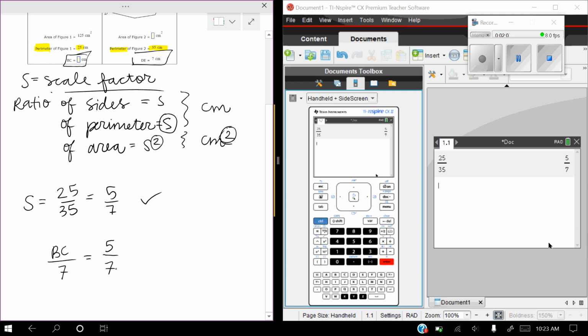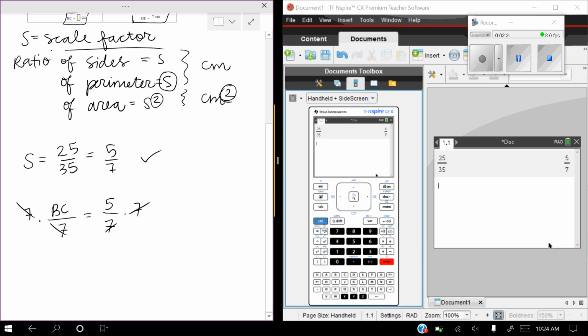When we solve this, a lot of people use the word cross multiply, and that's not a great strategy. What you're essentially doing is multiplying by the denominator, so times 7. That's going to be better. That cancels out because it's equal to 1. And so I know that the length of BC is 5 centimeters.